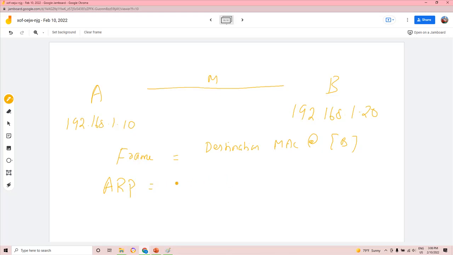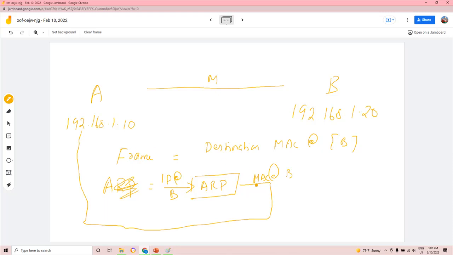For this protocol, it will give the IP address of the system B. What the ARP protocol does is give the MAC address of B to A. So now A has the MAC address of B, and using it, A will construct the frame and send the frame to B. Without the MAC address of B, A cannot construct the frame.